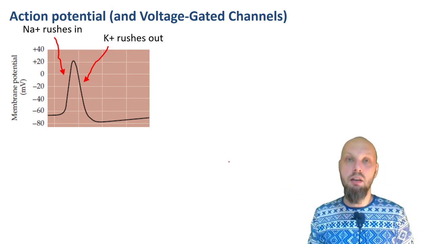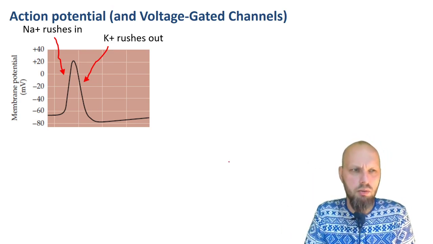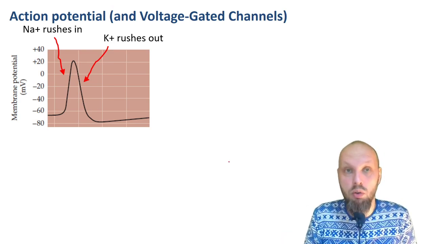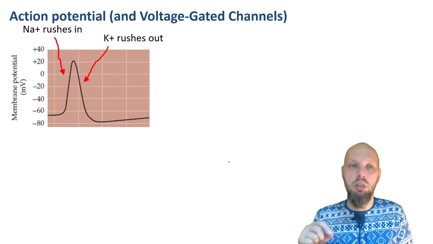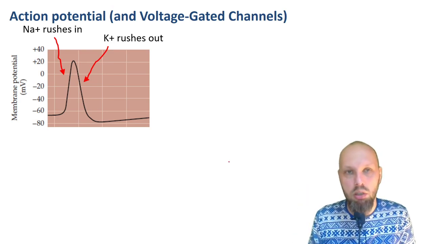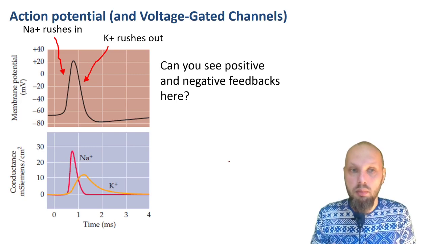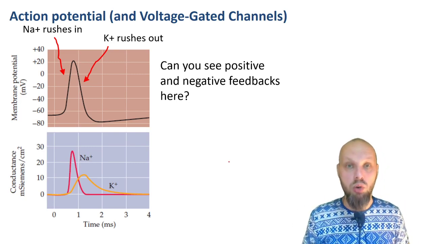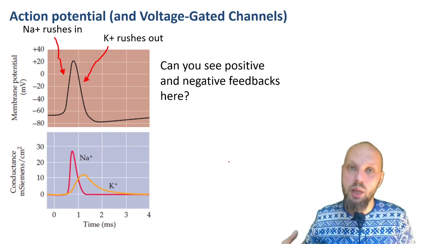So the big discovery that happened back in the 40s or 50s, when the mechanisms of the voltage of the action potential were discovered, is that even though if you record the potential it looks like it goes up and it goes down, like one thing, actually there are two things involved: sodium and potassium. Sodium is responsible for the rising part, for the first half, for the potential going up.